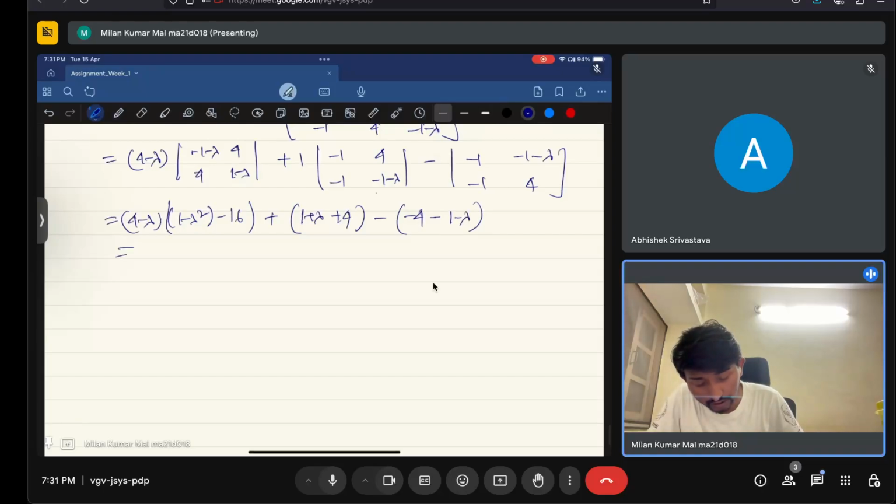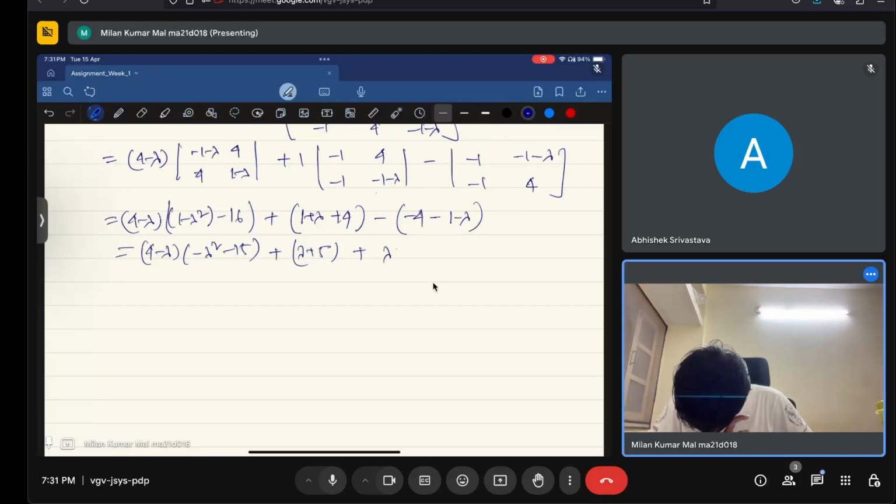So therefore it is 4 minus lambda into minus lambda squared, plus lambda, plus lambda, plus 5. Yeah, so that means we can write it as 2 lambda plus 5, that way.